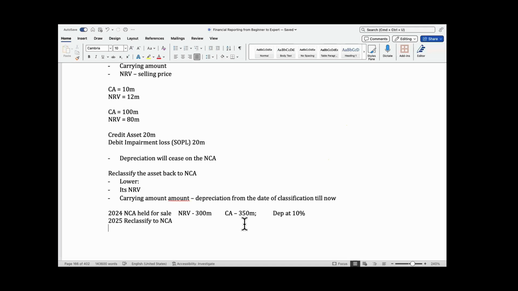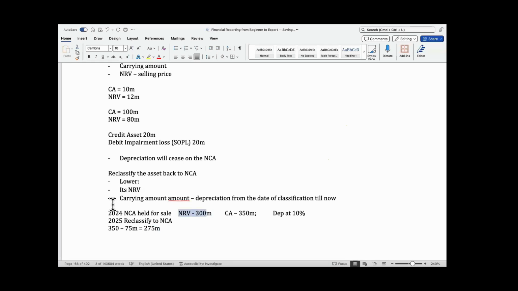That is 350 minus depreciation in 2024 and 2025, almost 75 million, which gives around 275 million, I guess. So it becomes the lower of this 275 million and this 300 million.